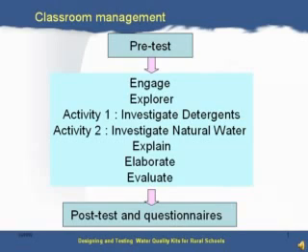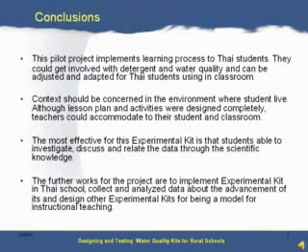In the last step, evaluate. Students can discuss how their understanding of water quality and its influence on the environment changes as a result of the activity. For assessment, pre-test and post-test data worksheets and a questionnaire were designed.